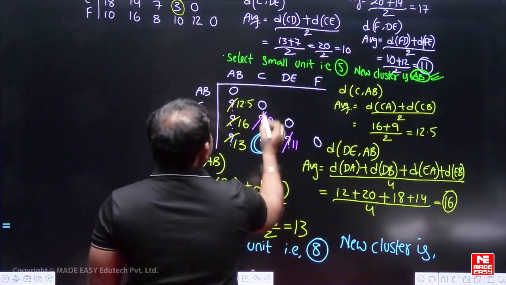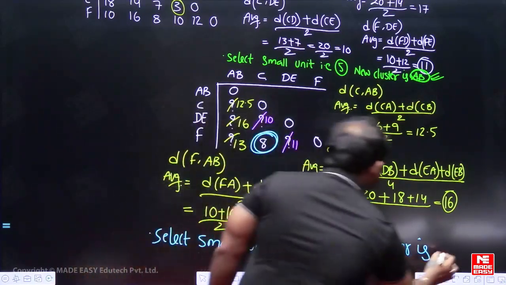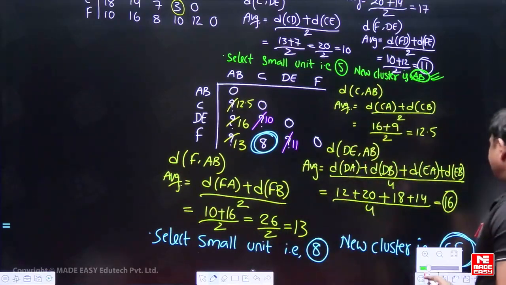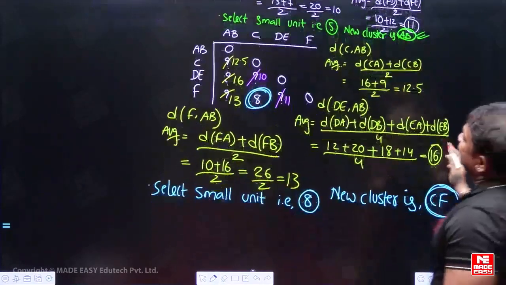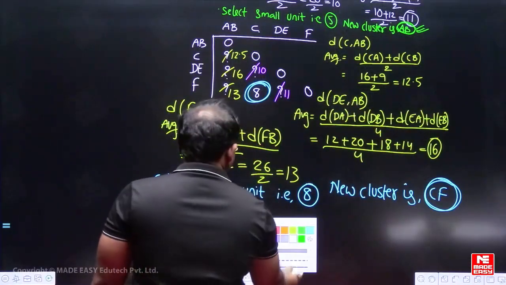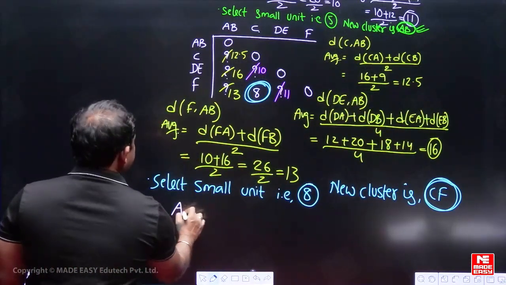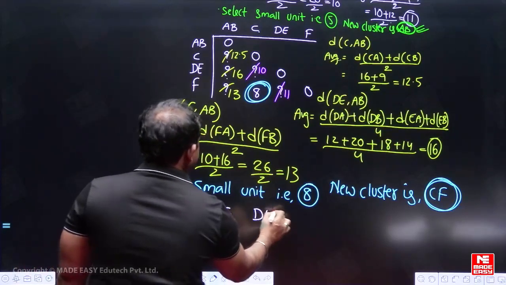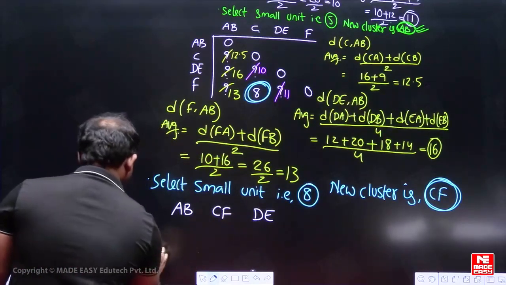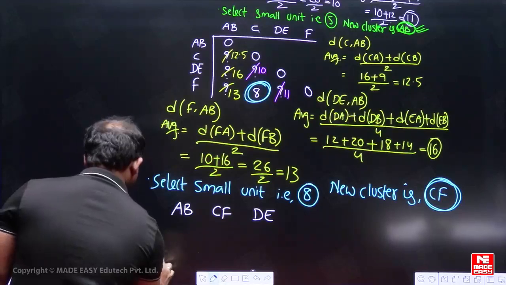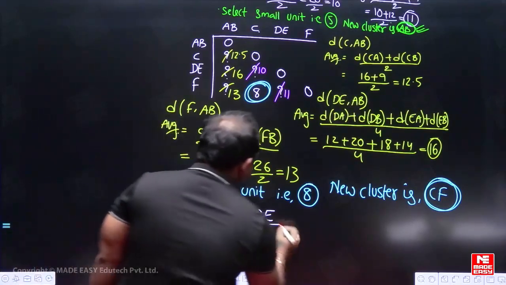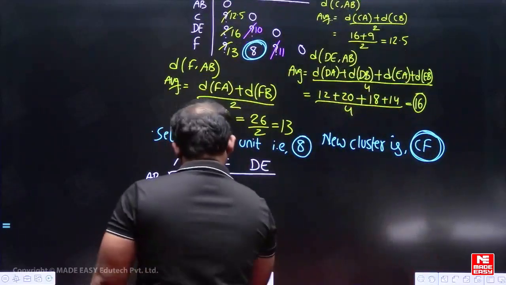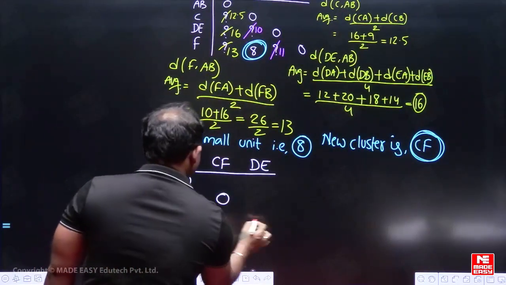This 8 is the link between C and F. Now a new cluster is formed, C and F. Then automatically our matrix will be reformed: AB, CF, DE. AB, CF, DE formed. The diagonal values are zeros, so 0, 0, 0.